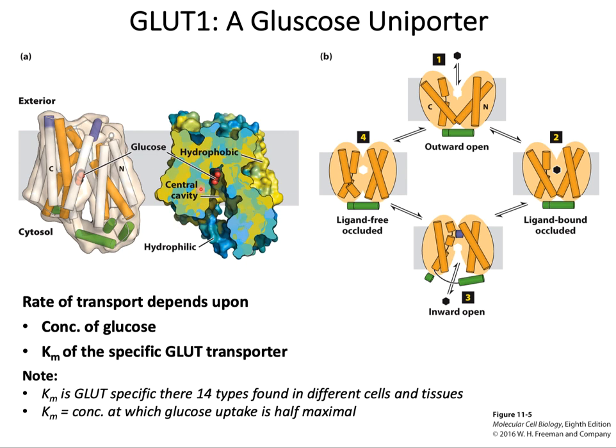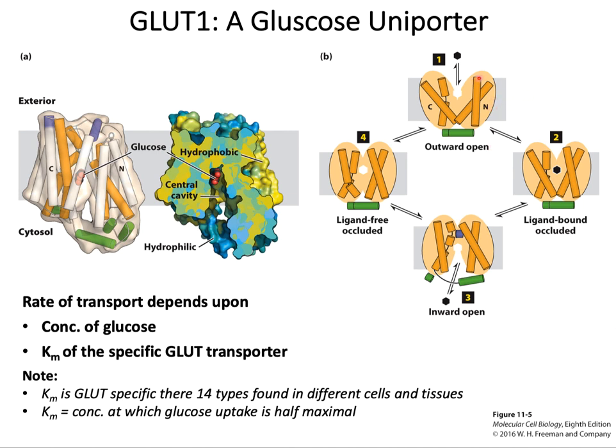The cut open view of the structure shows the surface electrostatic potential in yellow and blue. The hydrophobic amino acids are in yellow, and you can see that they are around the hydrophobic core of the lipid bilayer, and the hydrophilic blue amino acids line the central channel and are present on the exterior and interior of the cytosolic aqueous environment.